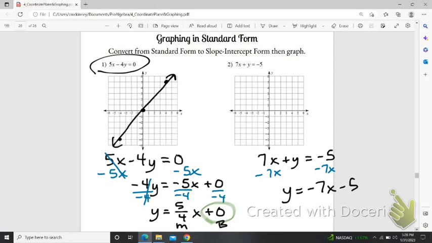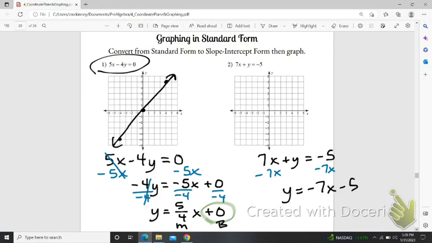It's only one y, so I don't need to do a division step. Now, if the y had a negative sign, I would need to divide everything by -1, and if it has a number, of course, I need to divide. But here it's only plus y, so after we move the x, it's in slope-intercept form.